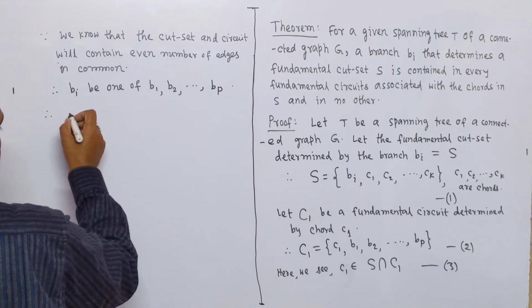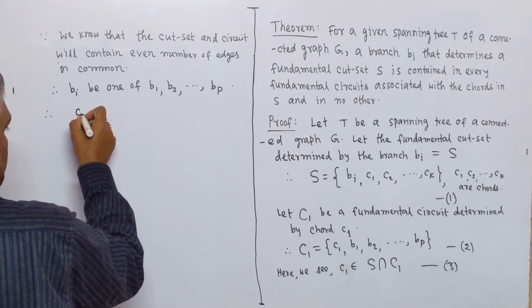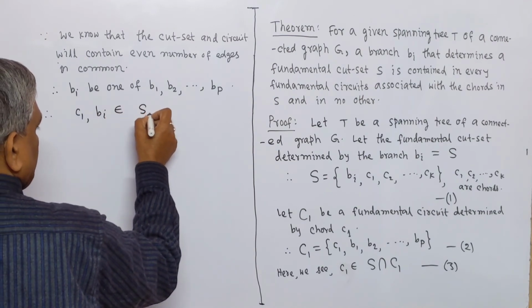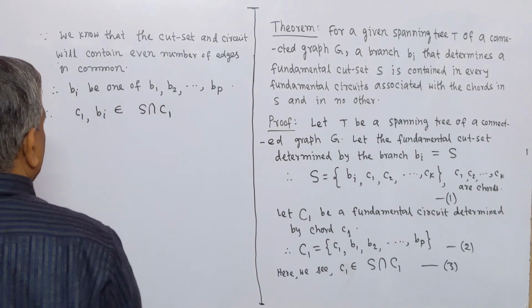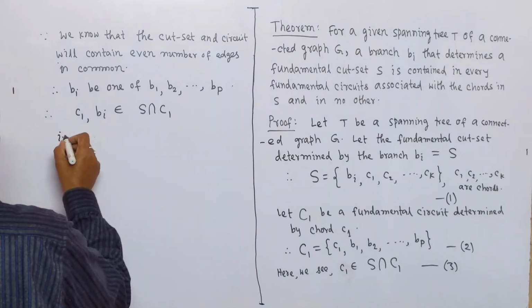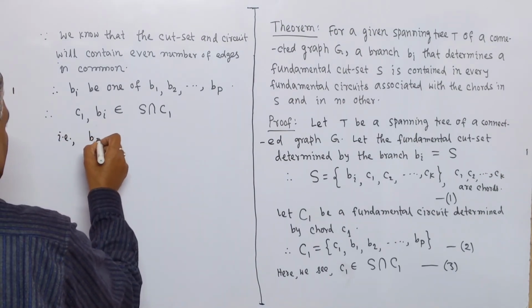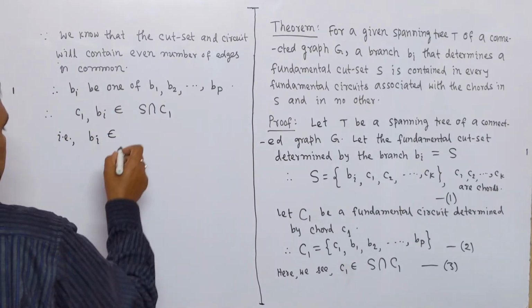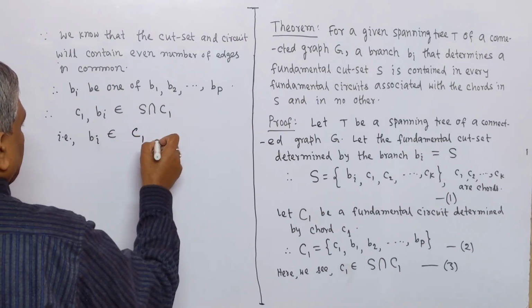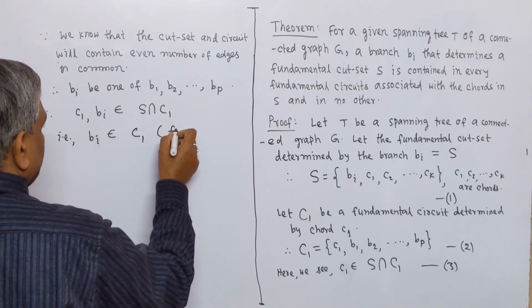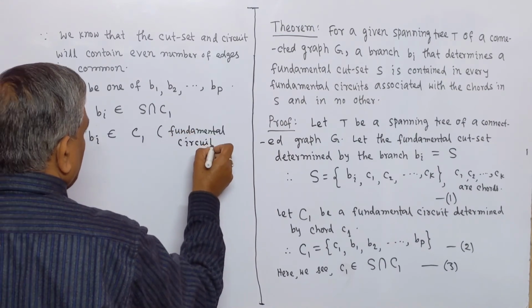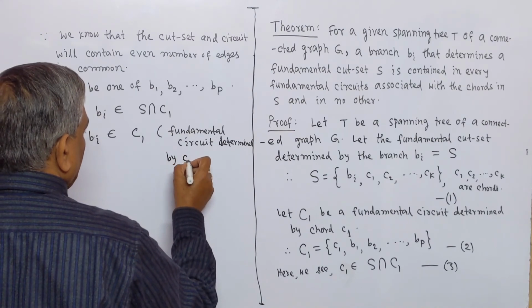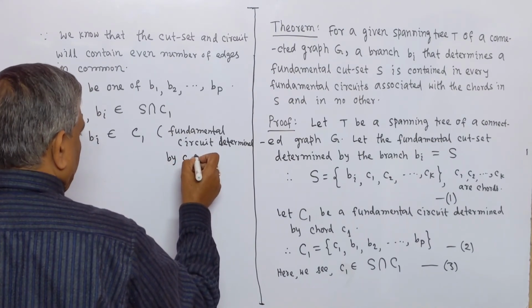Therefore, c1 and Bi belong to S intersect C1. That is, Bi will belong to the circuit C1, the fundamental circuit determined by small c1 chord.